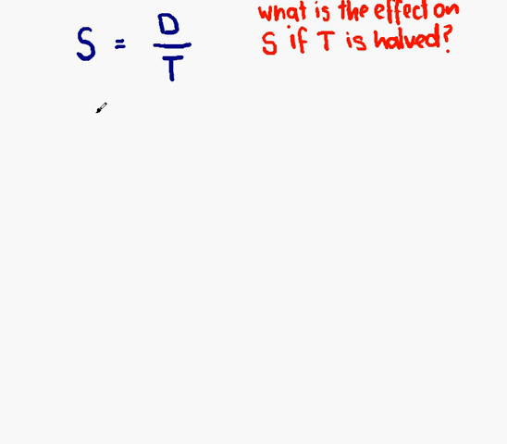So that means s equals d over a half t. So we have s equals d over a half t. But what does that mean? Well, the half down here is confusing things slightly.